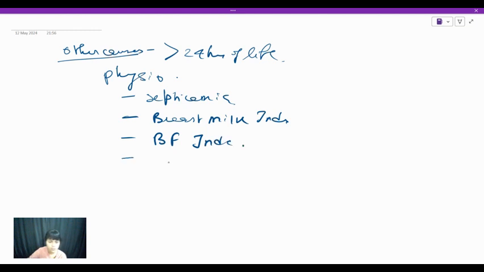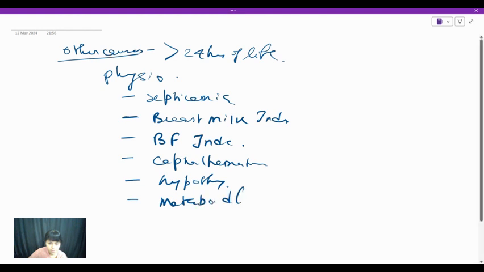I'll be having a separate session on that. Due to some cephalhematoma or some concealed hemorrhage. This may be due to hypothyroidism, or it may also be due to metabolic disorders, right? So these are the causes of developing jaundice after 24 hours of life.